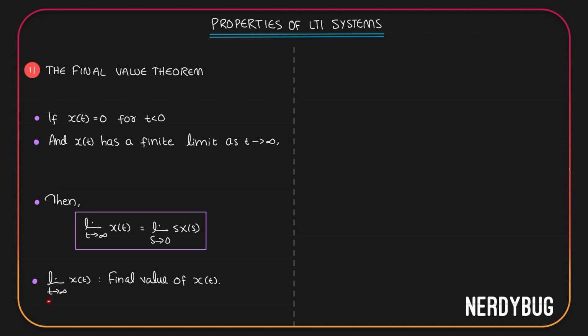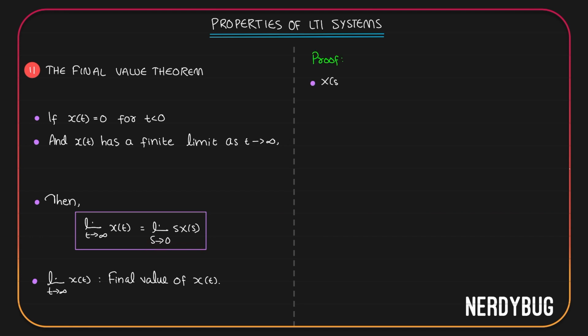Here the left hand side, limit t tends to infinity x(t), is the final value of x(t), or the value of x(t) at t equal to infinity. And this is given that x(t) does have a finite limit at t equal to infinity. The value of x(t) at t equal to infinity is a finite value. Then we can find it by taking limit s tends to 0 sX(s). Let us prove this.